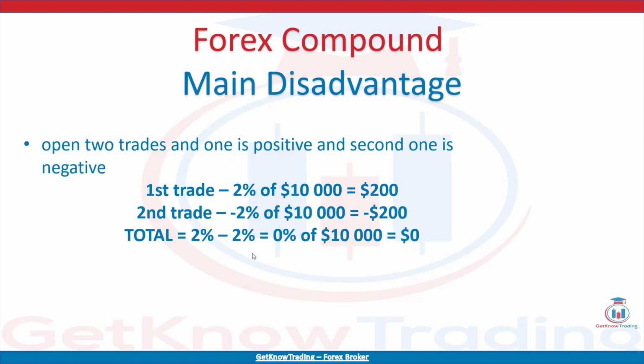But if it happens that you open two trades and one is positive and the second one is negative, you would end up with first trade, 2% of $10,000 equals $200. Second trade, minus 2% of $10,000 equals minus $200. And in total we have 2% minus 2%, 0% of $10,000 is $0.